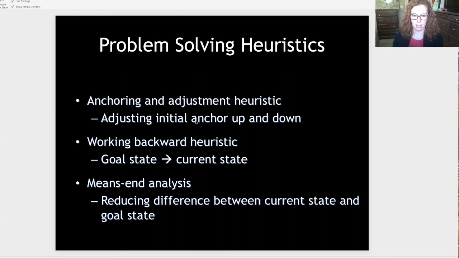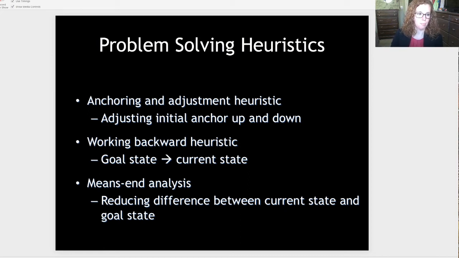It's a little less organized than the working backwards heuristic, but it's a similar process by which you're taking a step and seeing if that step takes you nearer or further away from your goal state.